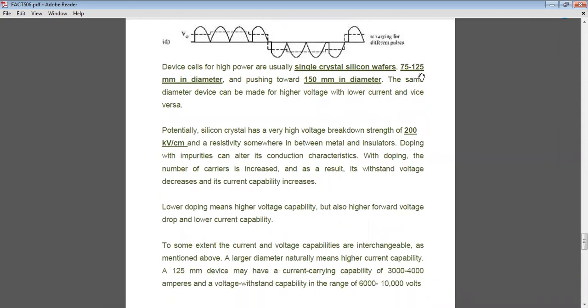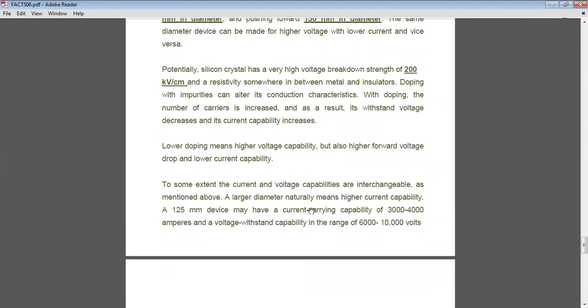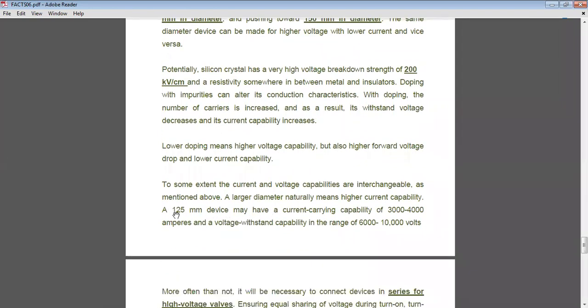So if you observe the detailed construction structure, the diameter of this silicon wafer will give different capacity. A 125 mm diameter device gives around 3000 to 4000 amperes of current rating, and thousands of volts, generally 6000 to 10,000.